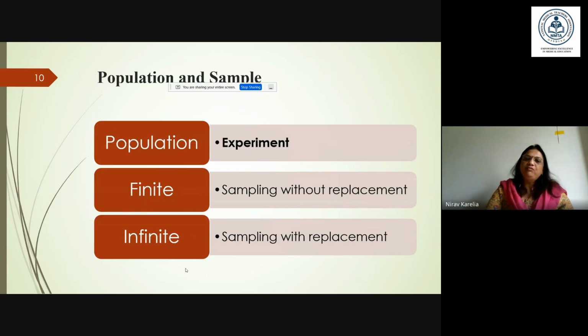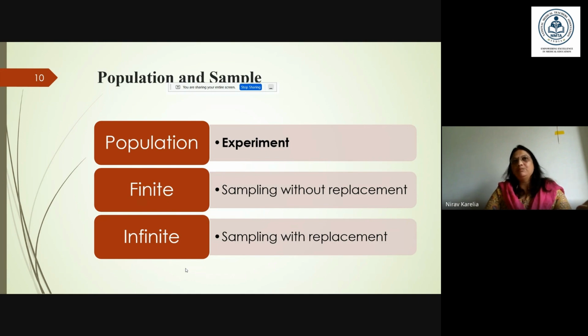Now, what is the difference between population and sample? Population can be infinite or finite. Classic example: suppose in some bowl I have put 10 balls, 5 red and 5 blue. Now I start the experiment. First I take the sample without replacement.